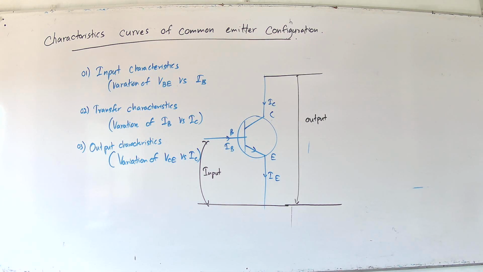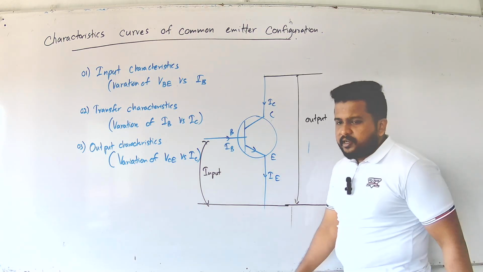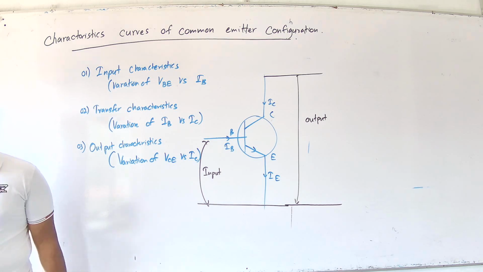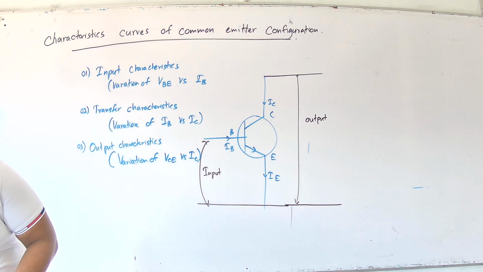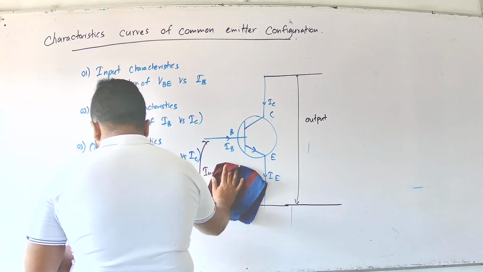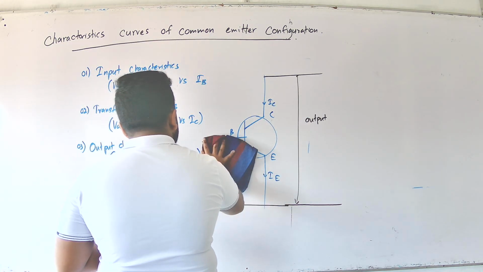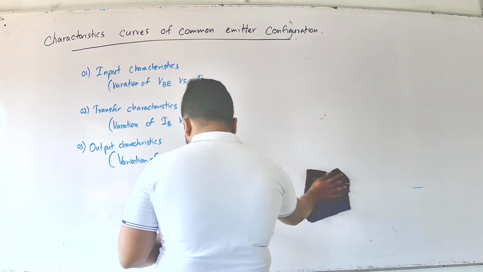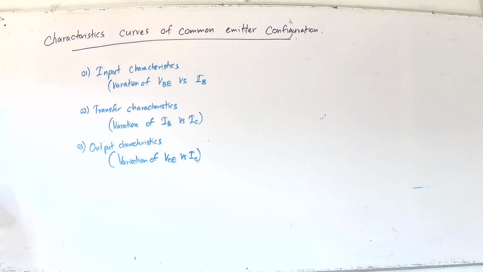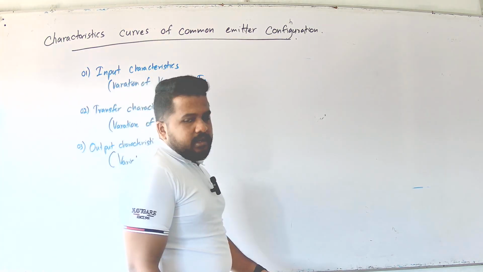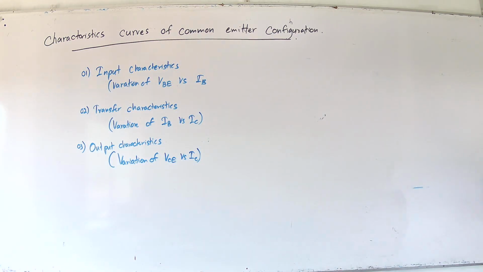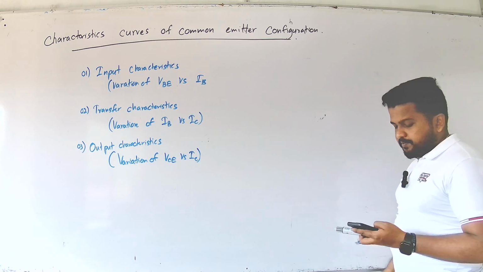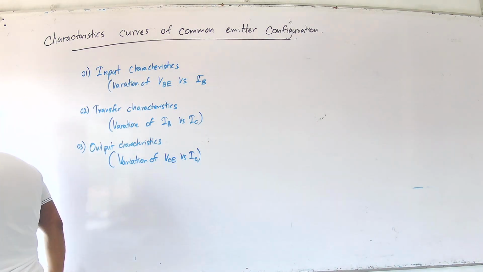To understand the operation of a transistor, the relationship among VBE, VCE, IB and IC should be considered.